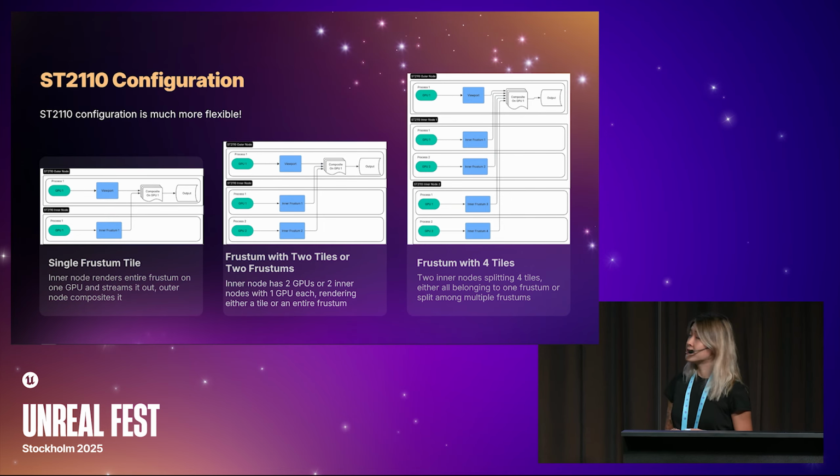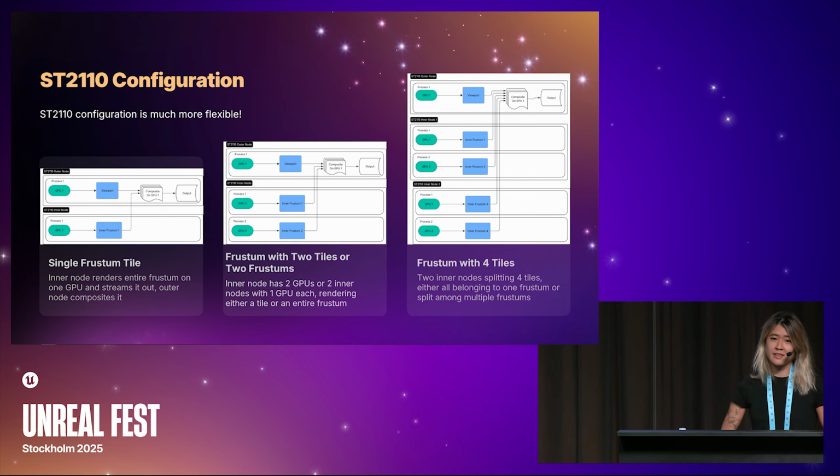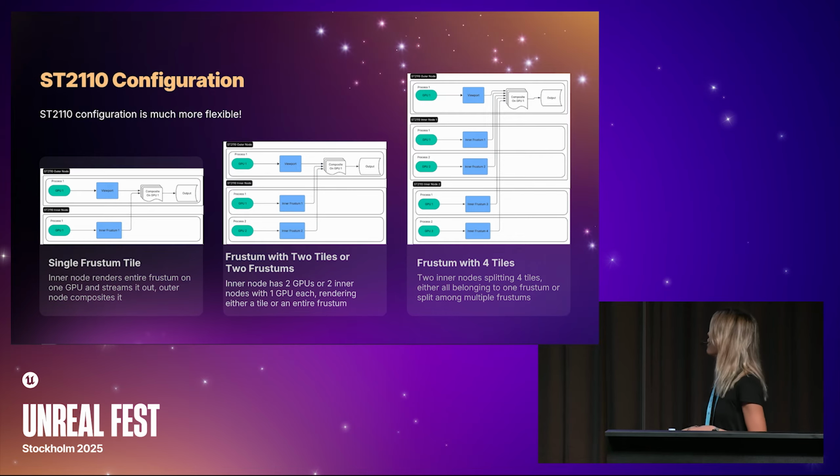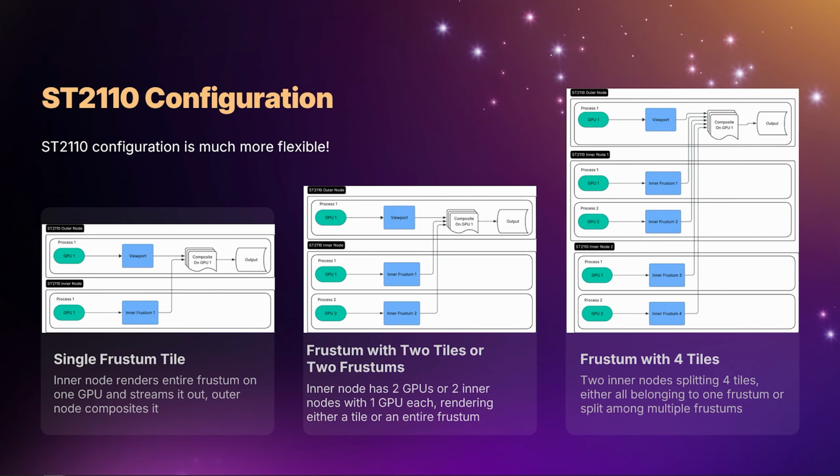Or you could have it split into 2 different GPUs on one inner node, and it sends that out as 2 streams, and then the outer node composites it. Or you could expand it. We had 2 machines with 2 GPUs each, so we were able to get 4 tiles.